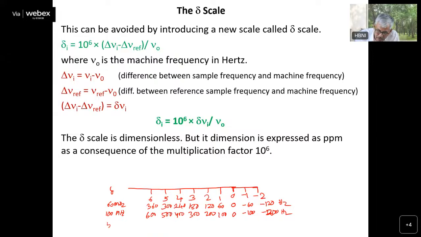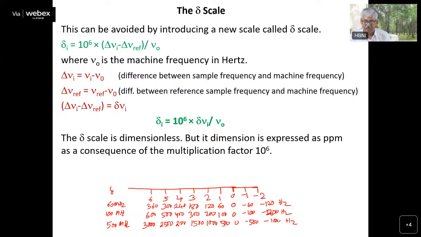You go to 500 megahertz, so it will be 3000, 2500, 2000, 1500, 1000, 500, 0, -500, -1000.